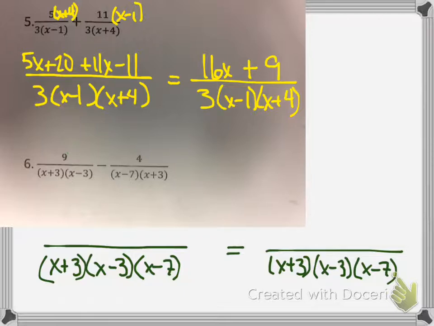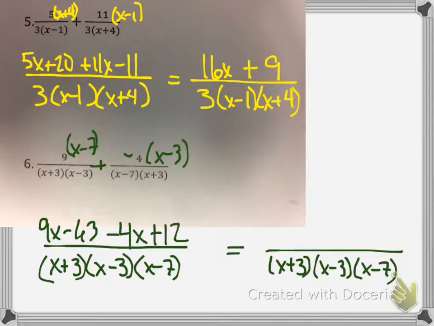So what's missing in the first fraction? The first fraction is missing that x minus 7. So I'm going to say 9 times x minus 7, which is 9x minus 63. I would change that minus to be plus negative 4 and multiply that to the x minus 3, to get negative 4x plus 12. So you might want to make sure you're careful with that.